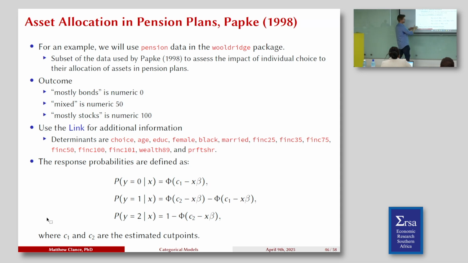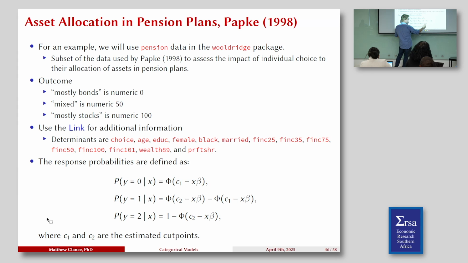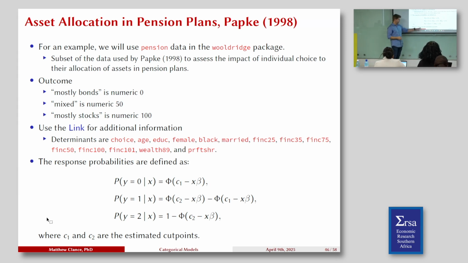So it's going to be the difference between where I'm at now in that outcome versus the previous. In terms of y equal to 2, we can simplify this by 1 minus the cut point 2 minus the linear prediction. So C1 and C2 are estimated cut points, or when we run the model.